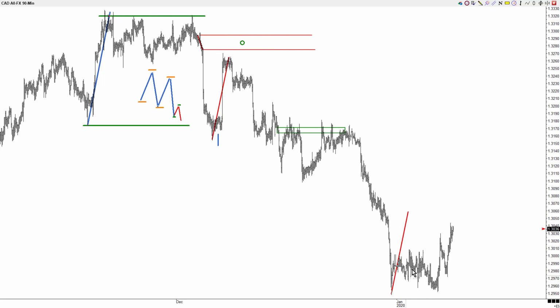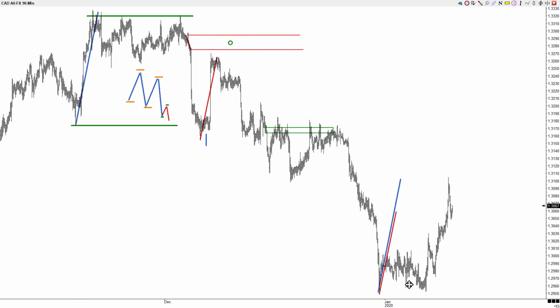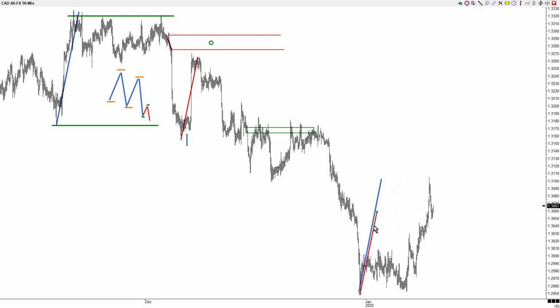Take a look at the minor, and then we take a look at the major. And that happens to be where price is now. So this is actually kind of your current go for the CAD.